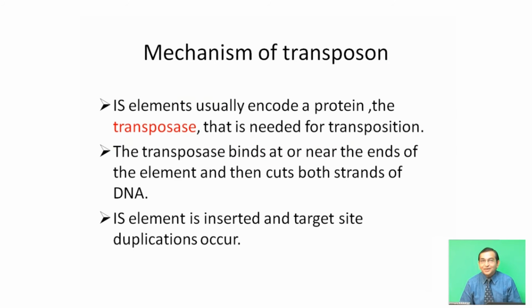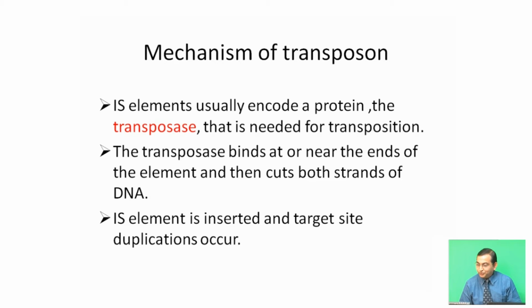Now comes the mechanism of transposition, that is, how transposition occurs. IS elements usually encode a protein called transposase, that is needed for transposition of the genetic element from one position to another.